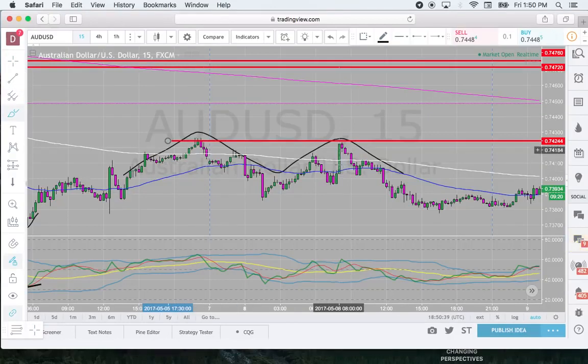And just remember, the dealer's goal is to fake as many people in the wrong direction as possible. So if you think it's going down, he has to make you think it's going up. It's going to continue that uptrend. He has to make you think it's going to do that when really it's not.